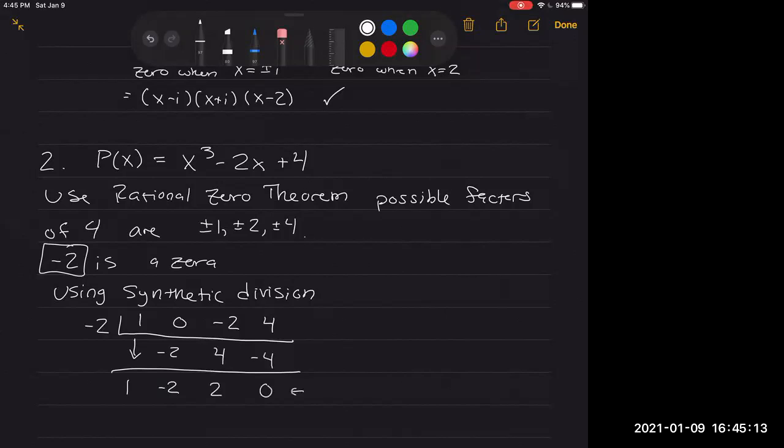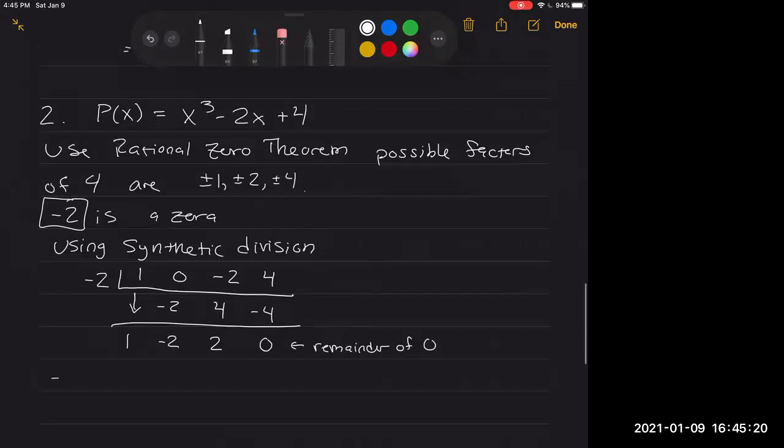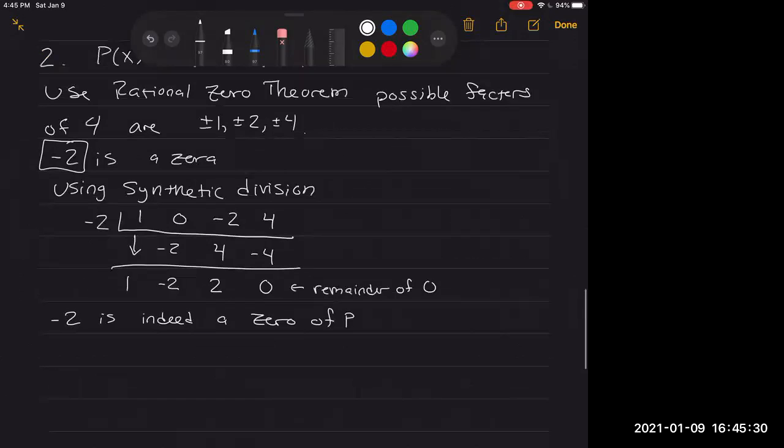We get a remainder of 0. So this means that -2 is indeed a 0 of p. So then we have our new polynomial, so we can rewrite p as x plus 2 and x squared minus 2x plus 2. This is from our synthetic division.